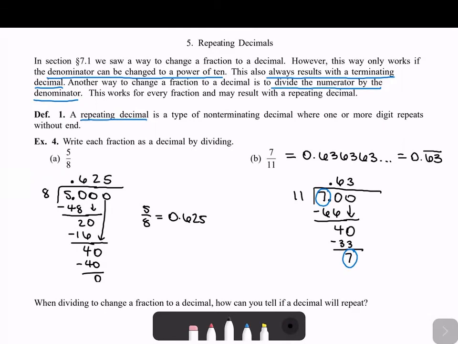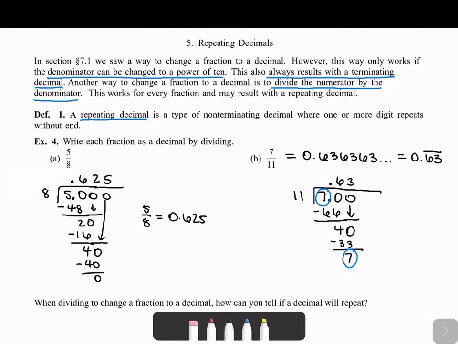If you don't believe me that this is going to keep continuing like that, continue this division problem. See what happens if you pull down another 0 and divide 11 into 70 again. Just keep going, and you'll see that no matter what you do, you're going to keep getting the same answers over and over again that repeat.